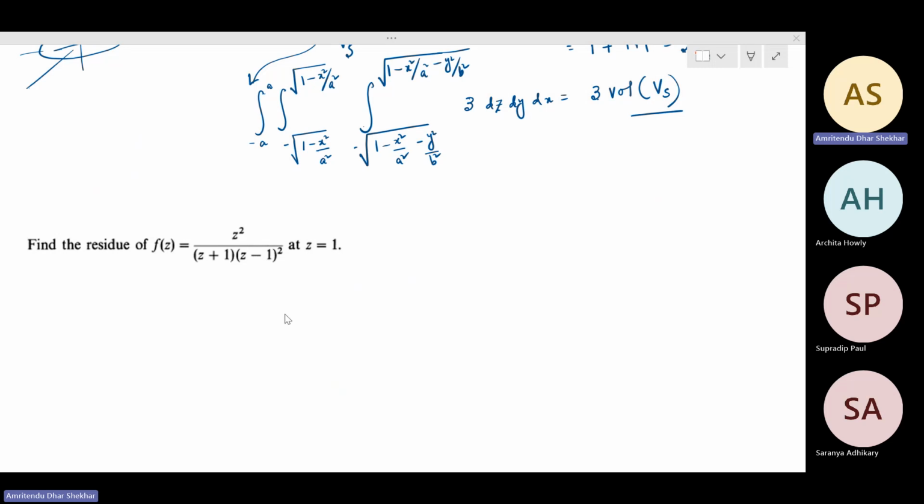Okay. So what is the residue of a function? If you look at the function over here, which is f(z), then the function f(z) has a single singularity, which is at z equals 1, and you have a pole of order 2 at z equals 1. So recall the definition of singularity.